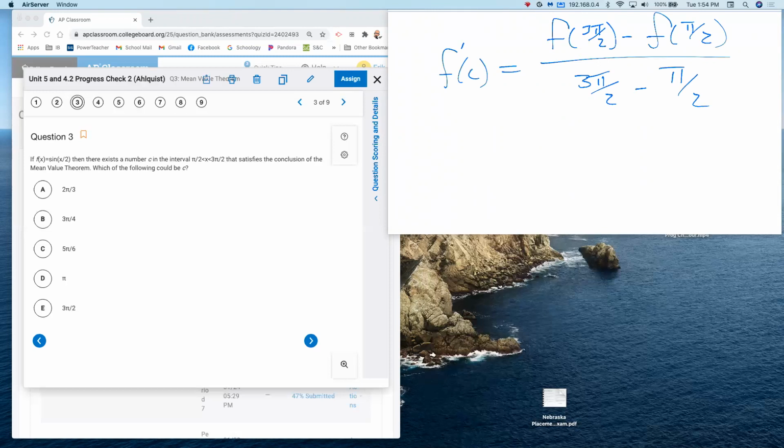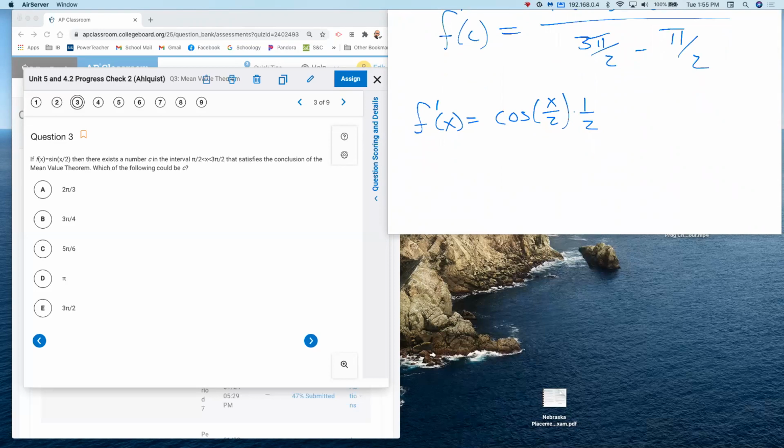This is more difficult than what I put on the test. The concept is the same, but the actual process of doing this is maybe a little bit more extensive than what I expect you to do on the test. But in the end, f prime of x on this one, if f of x is equal to the sine of x over 2, f prime of x is cosine x over 2 times 1/2. So that's the derivative.